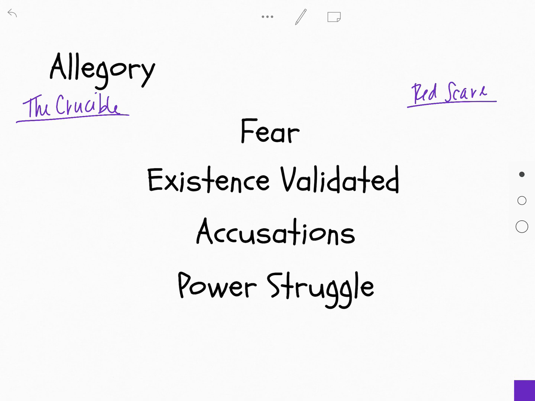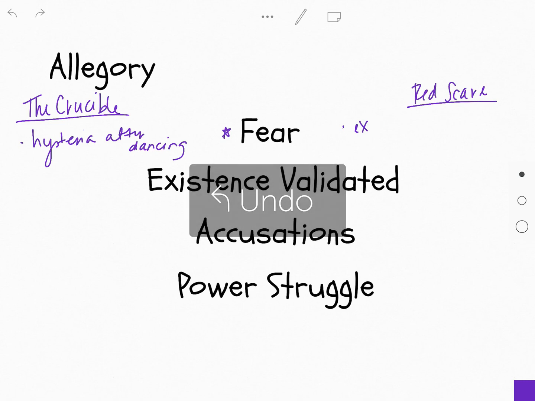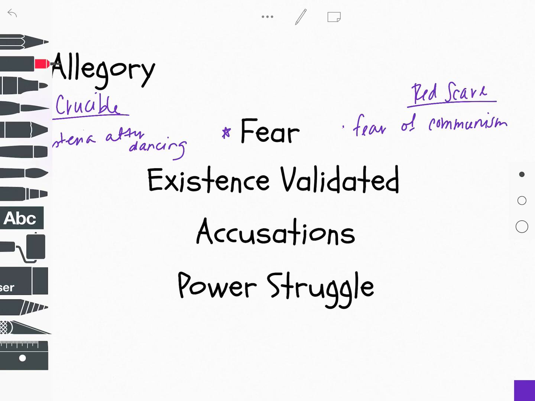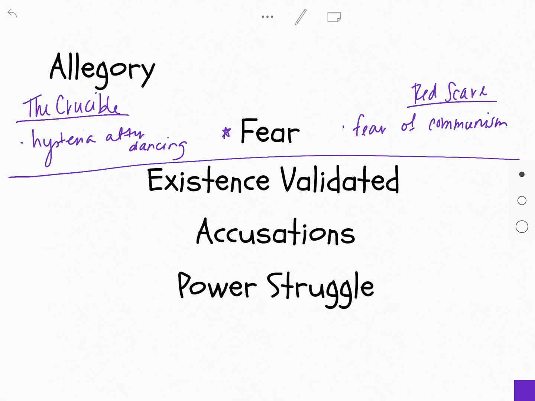Because in both of these situations, we start here. There's fear. In The Crucible, it's that hysteria that comes after the dancing. In the Red Scare, it was kind of launched by this fear of communism. And that was kind of step one in both.